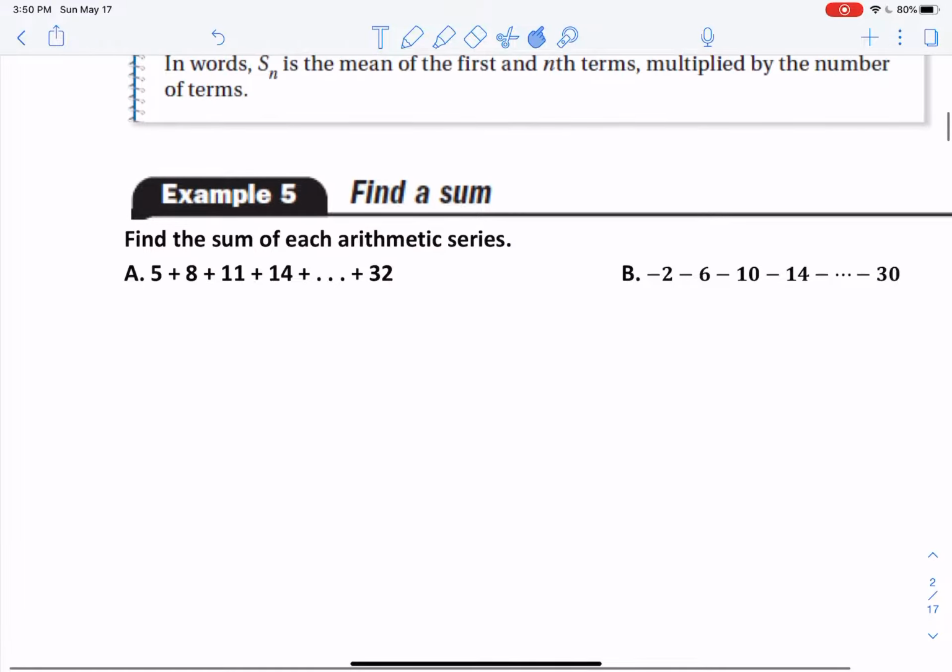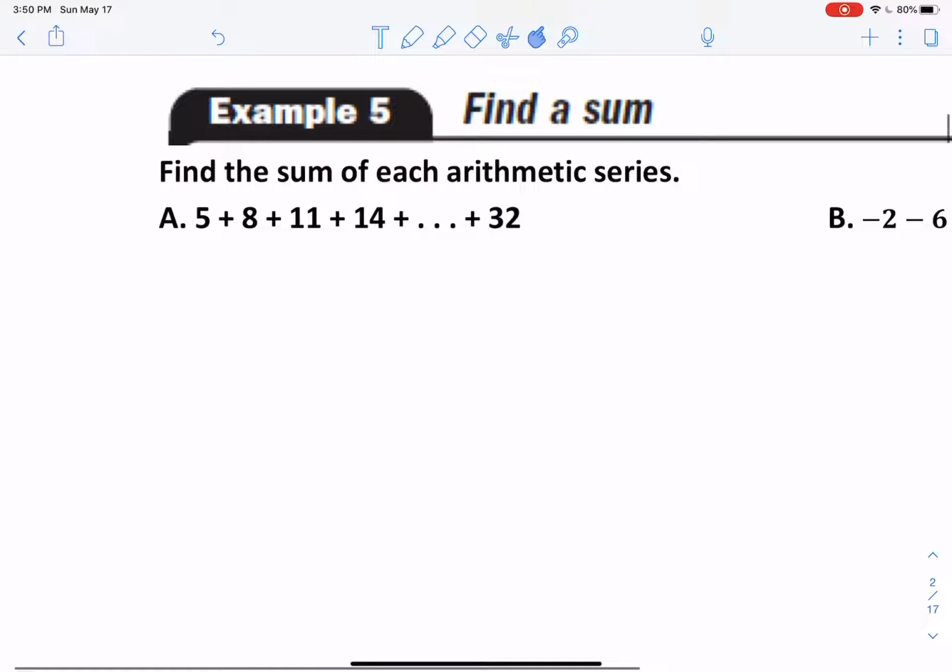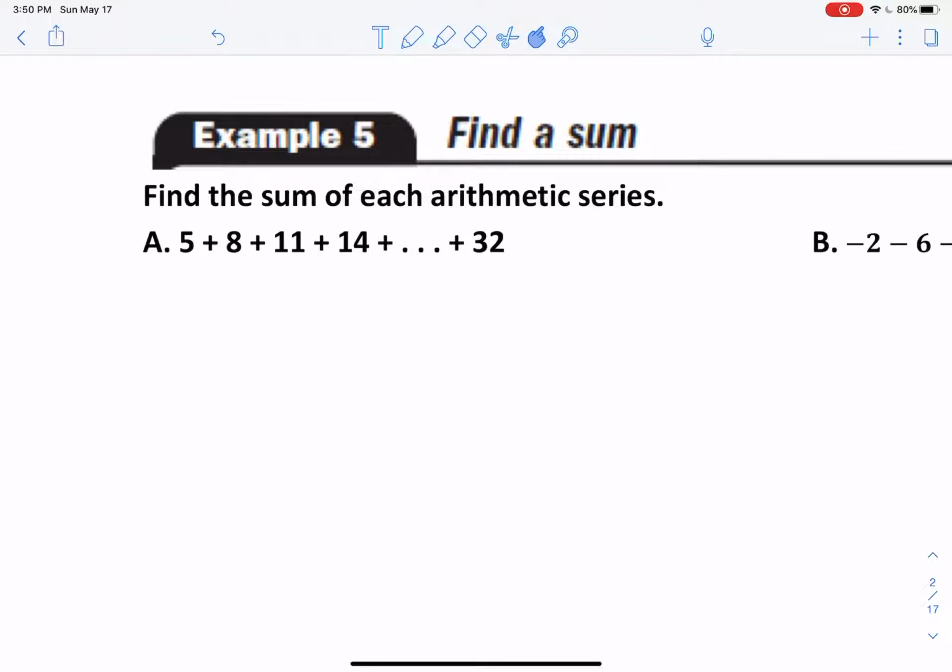For the first part, it says find the sum of each arithmetic series. There's a couple of ways that you can do that, and I'm trying to simplify this as best as I can for you. We have our first term, second term, third term, fourth term, and then some dots, skipping ahead to the last term, which is 32, but leaving out some pieces.